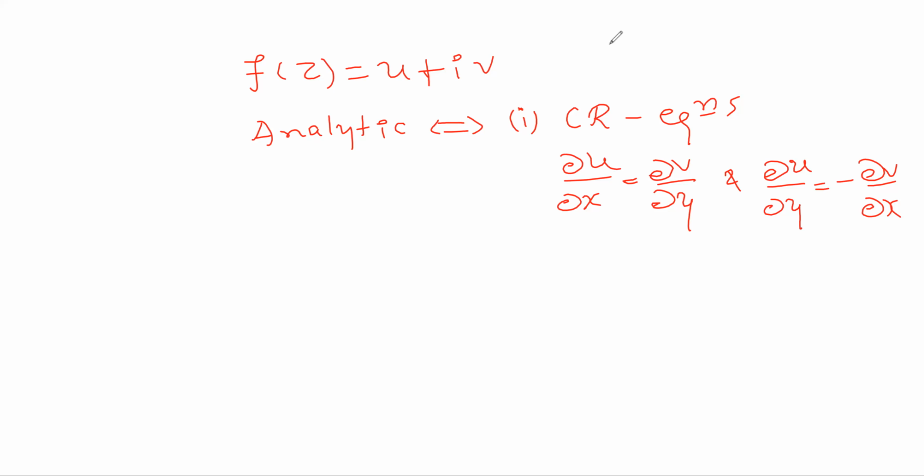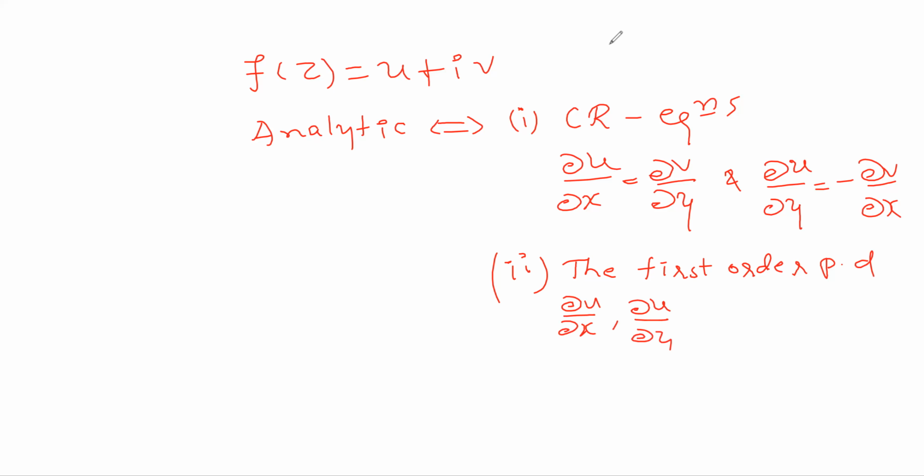So the sufficient conditions for a function to be analytic are the second condition: the first order partial derivatives, that is ∂u/∂x, ∂u/∂y, ∂v/∂x, and ∂v/∂y, should be continuous. Then we can say that the function is analytic at all points.